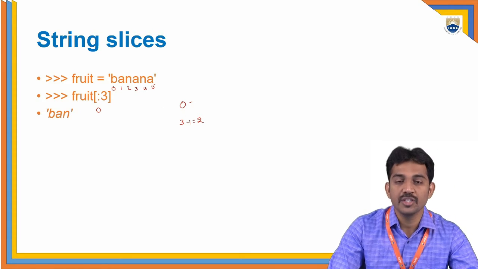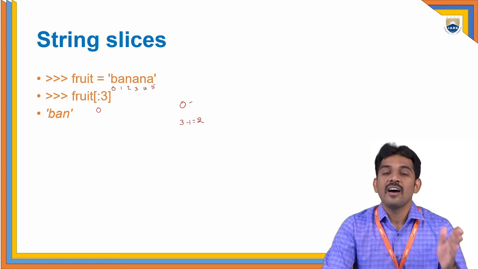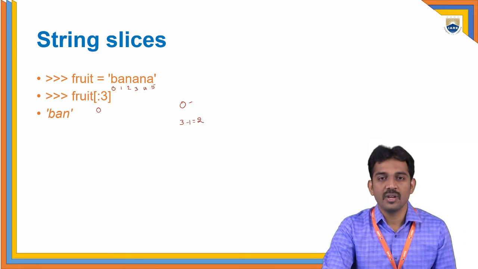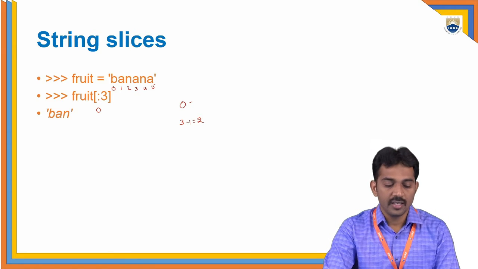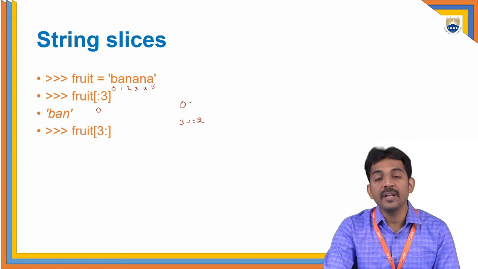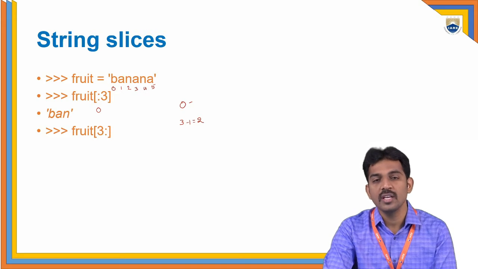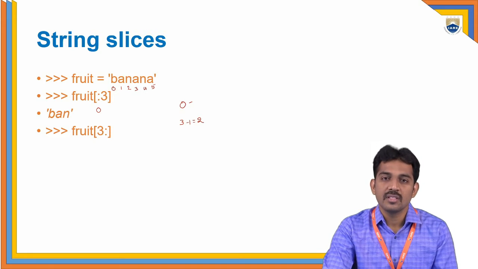It's a slicing operation. If you forget the starting index, it simply gives you the string from 0 onwards. And one more thing: what happens if you forget the second part of the colon? The same thing.